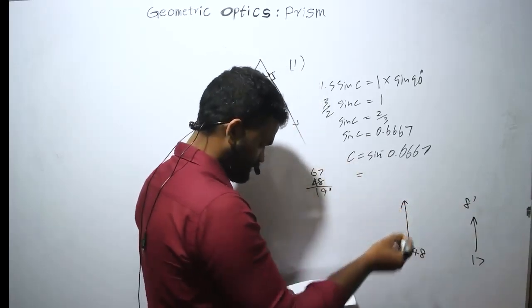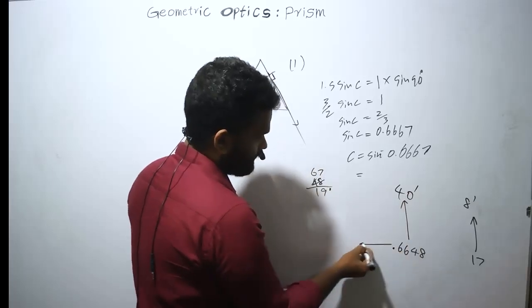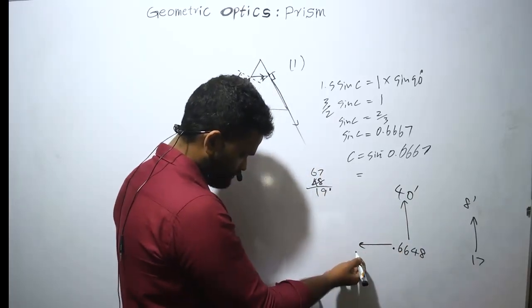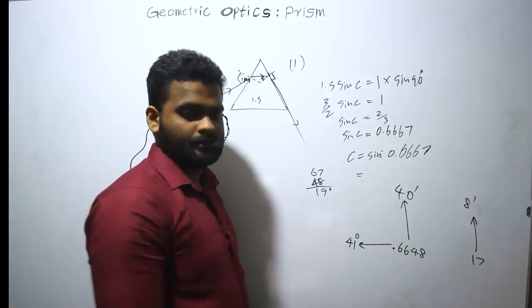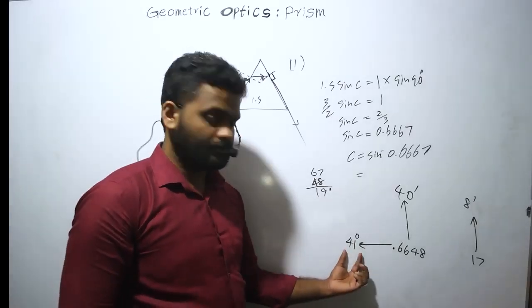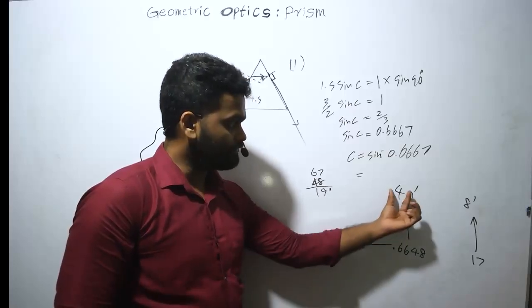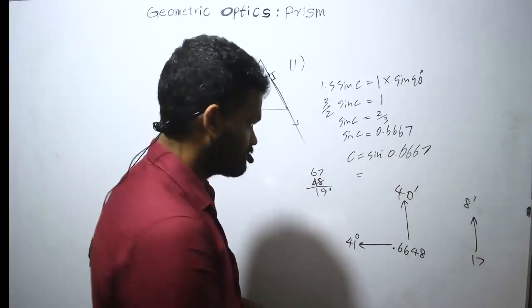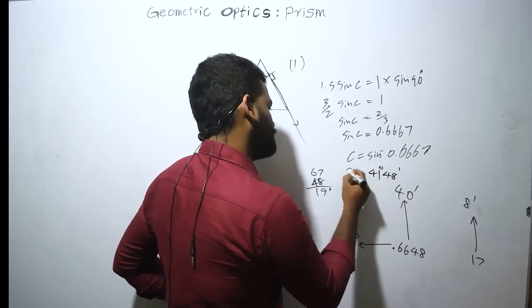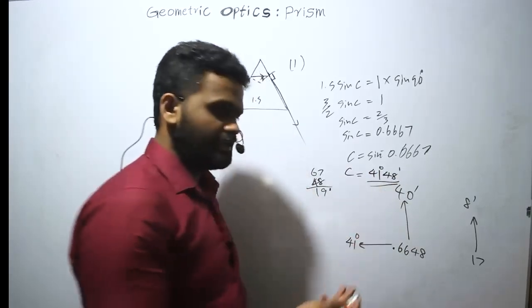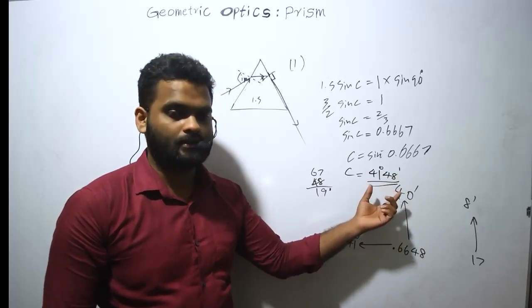This value is 40 minutes, and the degree value is 41. 41 degrees, right? So the inverse value of this is going to be 41 degrees 48 minutes. I'm taking time to do this because these are really important.